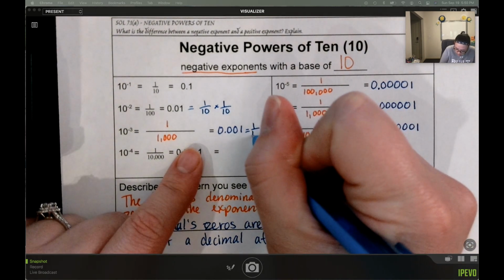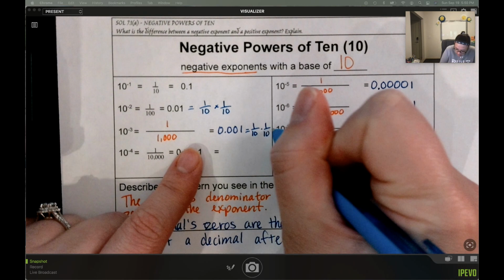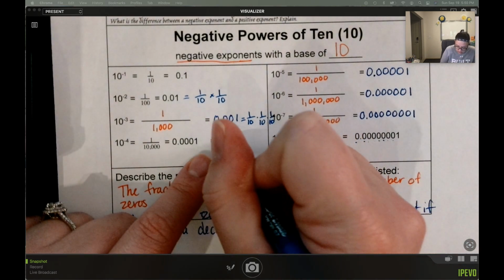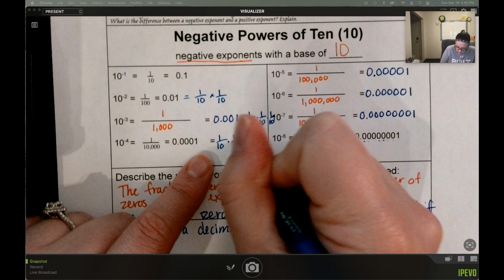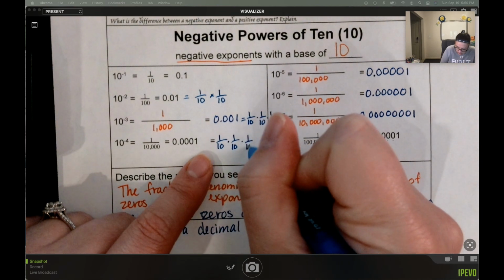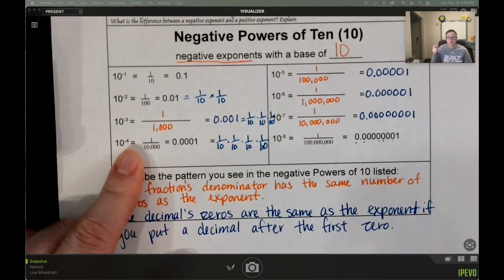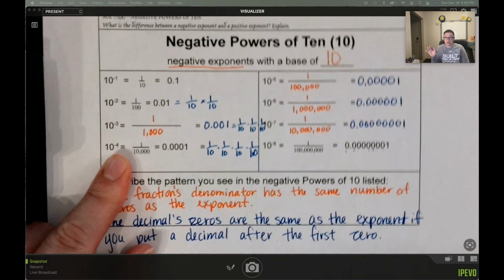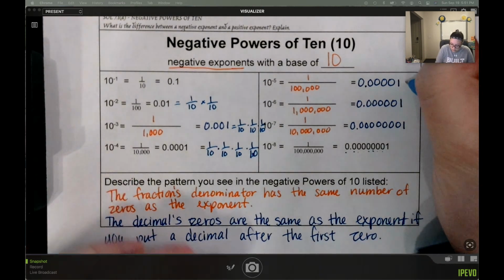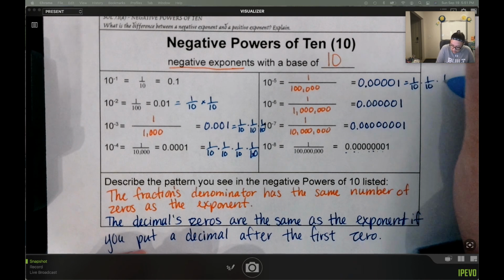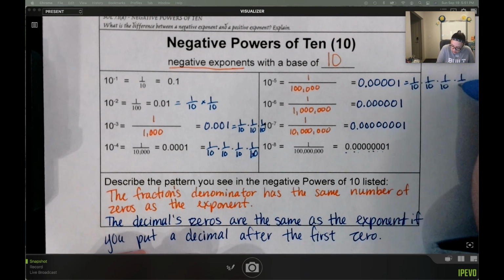This would be 1/10 times 1/10 times 1/10. Here, 1/10, 4 times, because our exponent is negative 4, the negative makes it a fraction, and the 4 says I multiply it 4 times. So let's go ahead and write this expanded form out for all of these fractions.